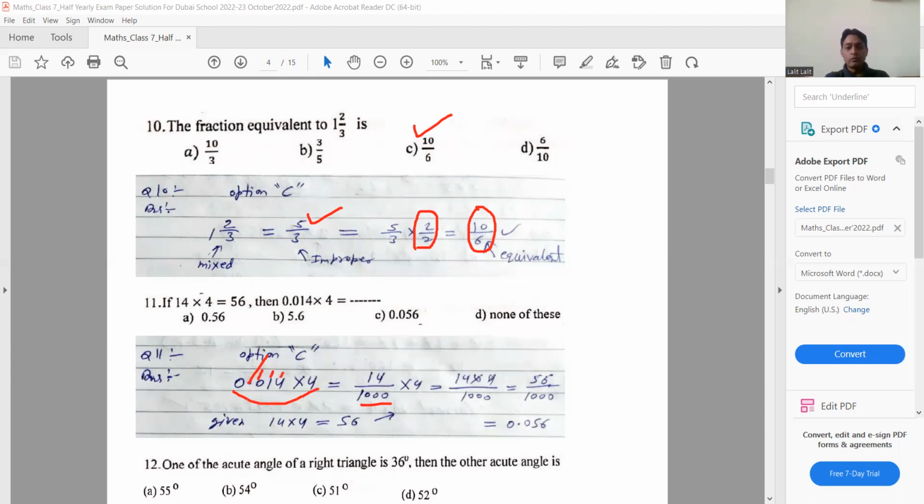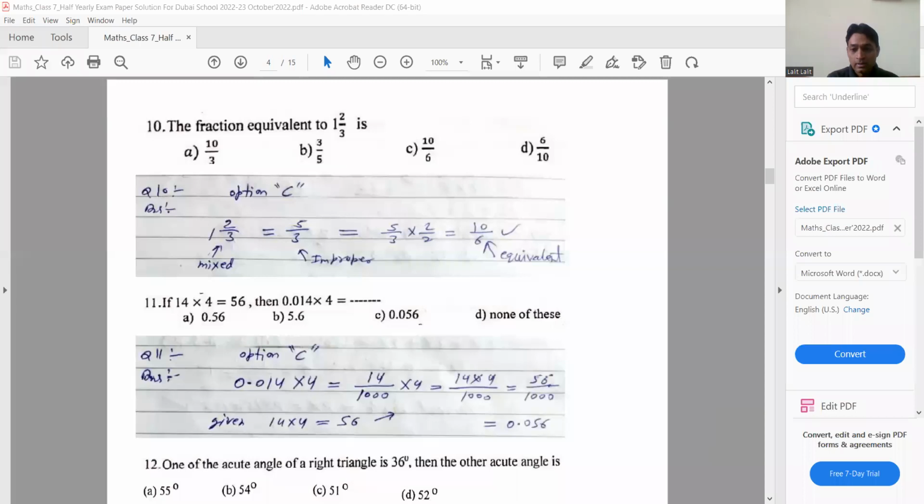We can write it as 14 into 4 upon 1000. The value of 14 into 4 is already given: 56. So we put 56 divided by 1000. Now, if you have division by a multiple of 10, take the decimal and shift it from the right-hand side to the left-hand side. 1, 2, and 3. That is how 0.056 is the correct answer, which is option C.